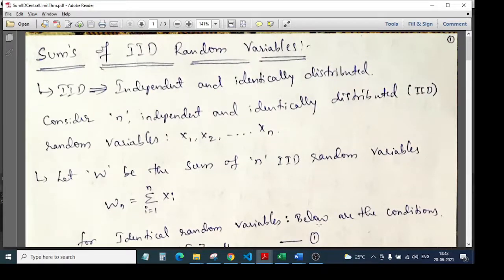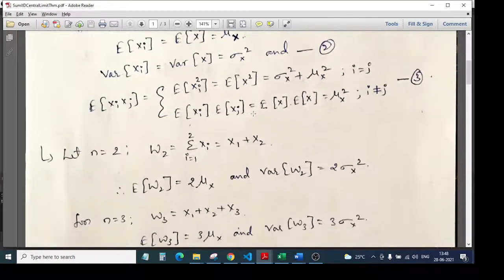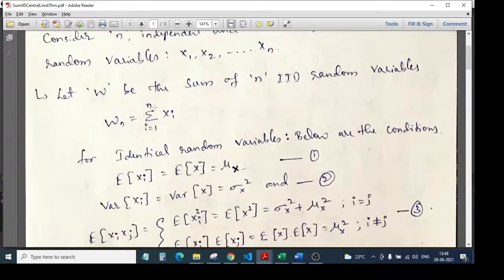As a summary, what you need to remember is, when we say IID, don't confuse it with the previous topic. When I say IID, it should satisfy two conditions: it should be independent as well as identical. Next, even though I have xi terms here, all the xi terms will be equal to x only, that is equal to mu of x.